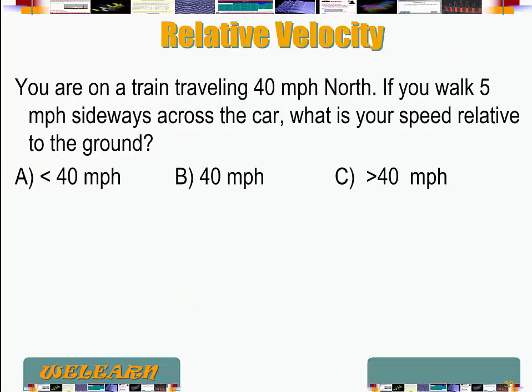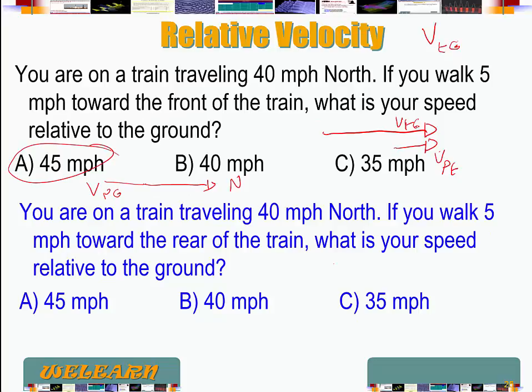Now in this case, the train is still moving north at 40 miles per hour. But your velocity is pointing south.